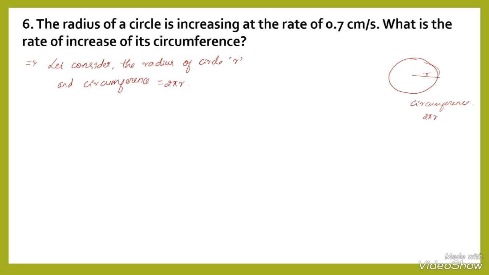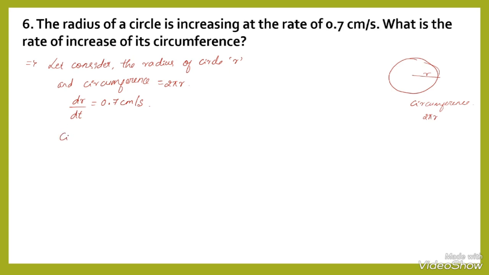Here the rate of increasing means change. So the rate of change of radius with respect to t, dr by dt, is equal to 0.7 centimeter per second. We have to find the rate of change of circumference.